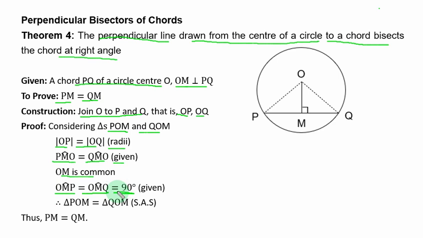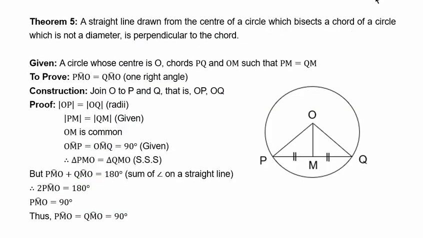It is also given. It follows that triangle POM is congruent to triangle QOM. You have two sides and an included angle. For that reason, PM is equal to QM. Theorem 5.